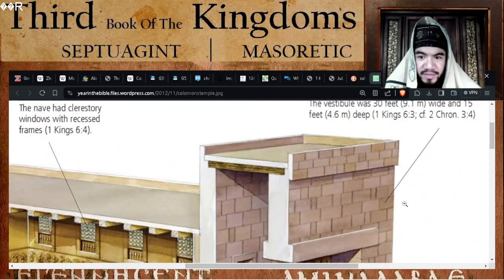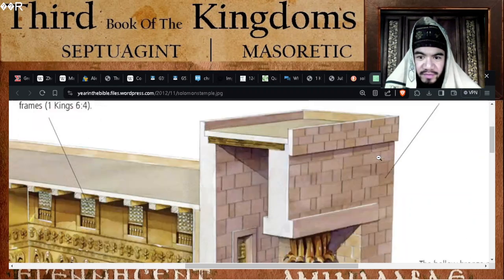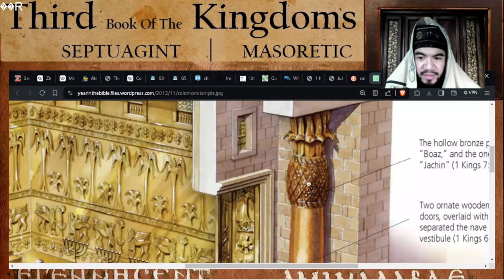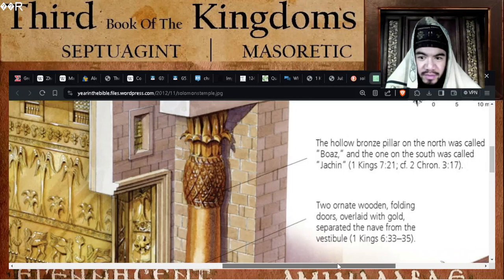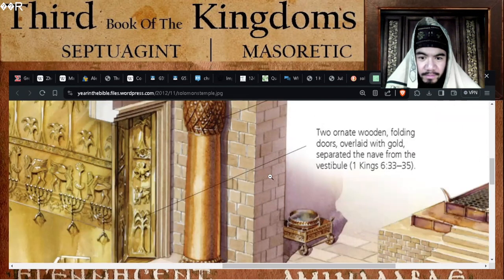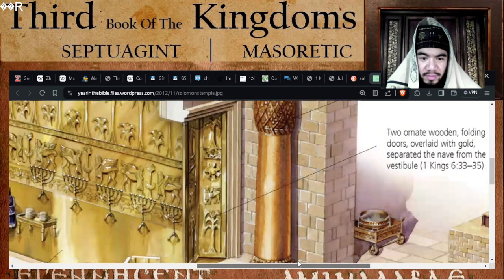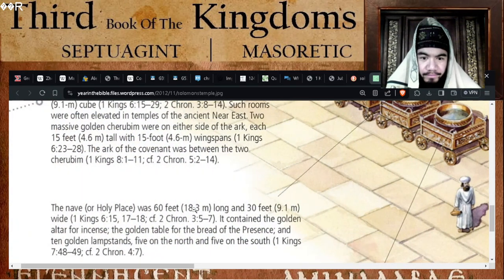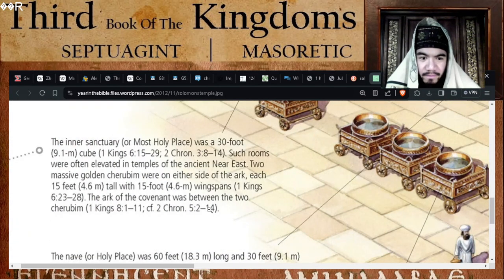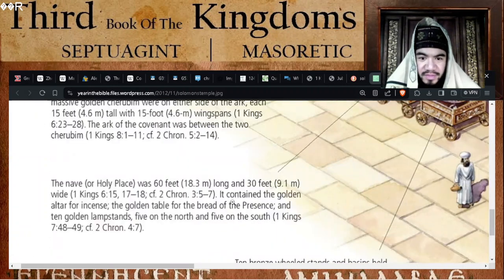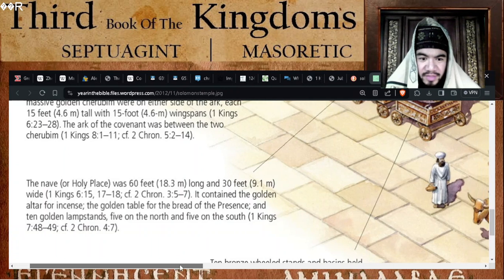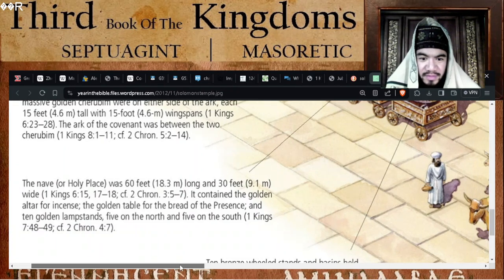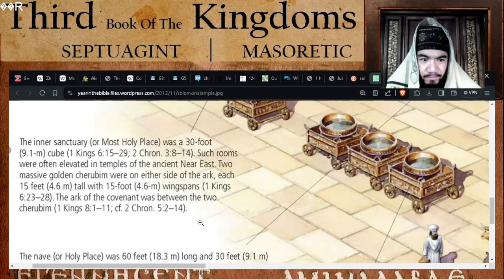What else can we see here? The vestibule, 30 feet wide, 15 feet deep. We haven't gotten into this yet, but the hollow bronze pillar. 2 ornate wooden folding doors overlaid with gold. We'll just focus on the temple for now. The nave itself was 60 feet by 30 feet, and contained the golden altar, the golden tables, and 10 golden lampstands, 5 on the north, 5 on the south.